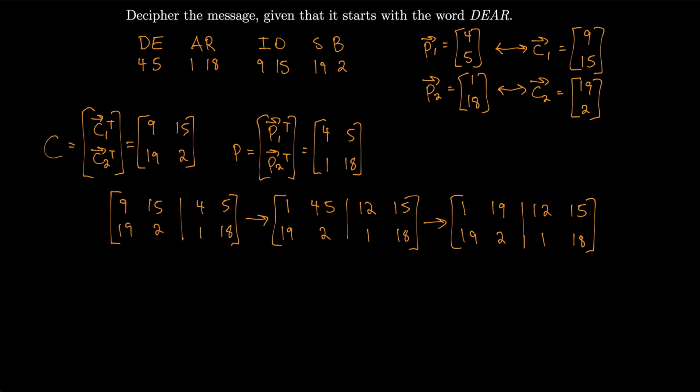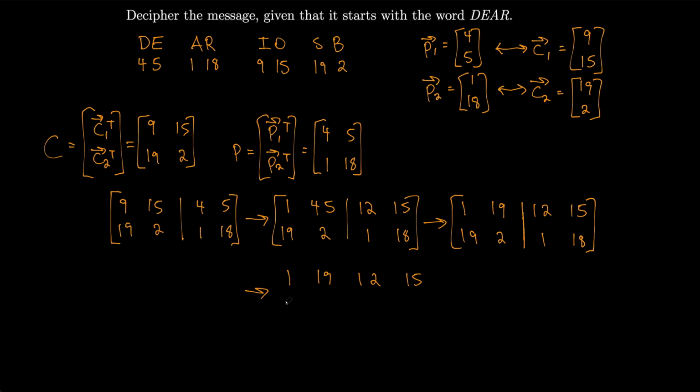Let's keep going. So we'll get a 0 underneath by subtracting off 19 times that first row from the second row. So let's do that. We'll get 1, 19, 12, 15 just by copying the top row.